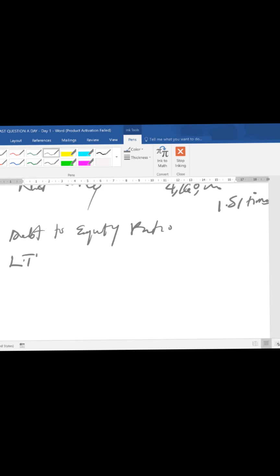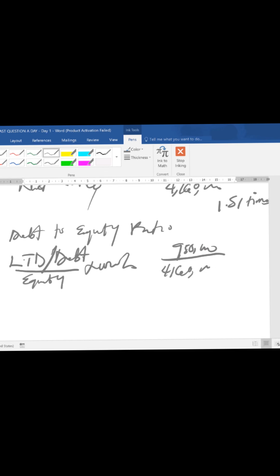So long-term debt, let me just write debt in full over our equity times 100. So this is going to be 950. That is the long-term loan over our equity, which is 4160 times 100. That is 2284%.